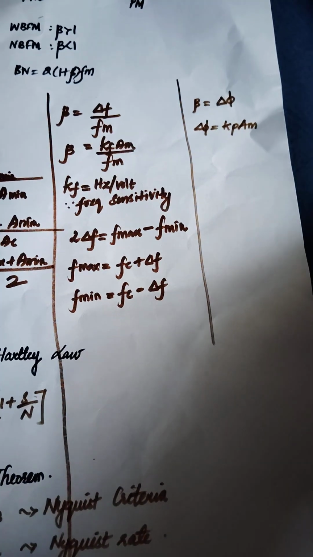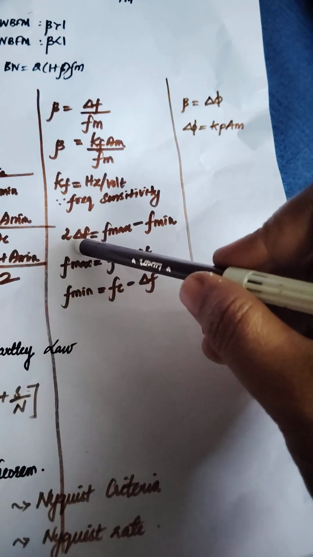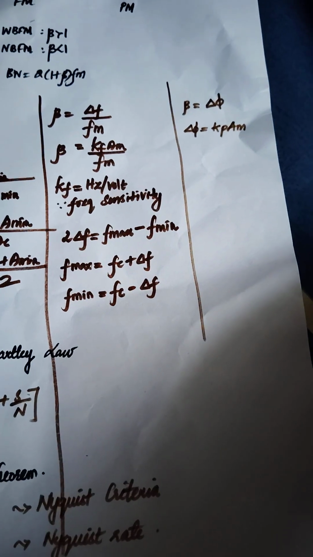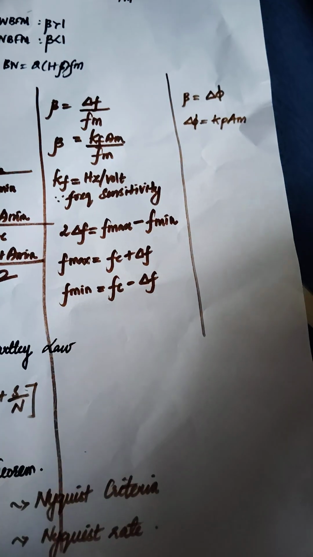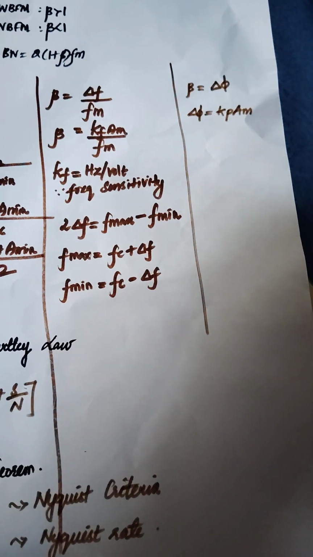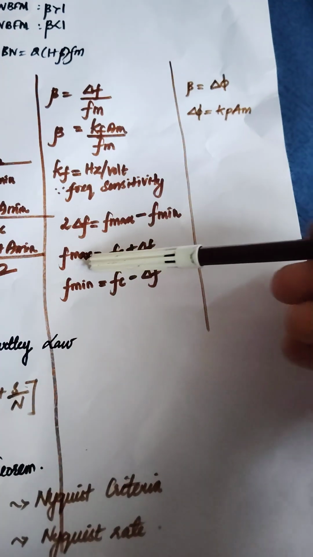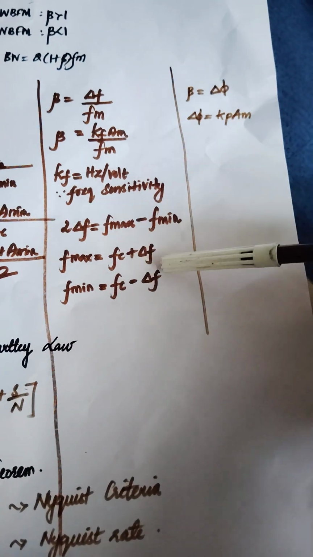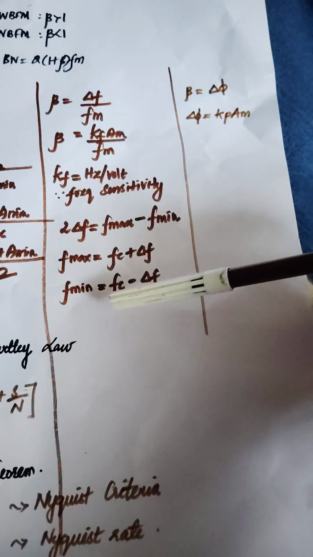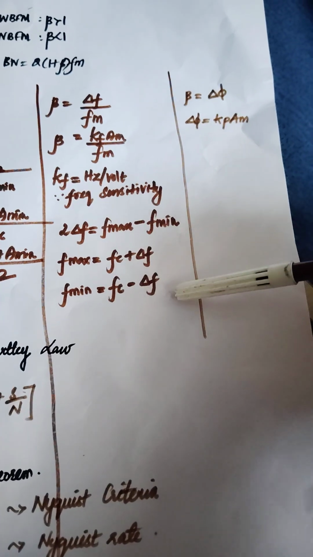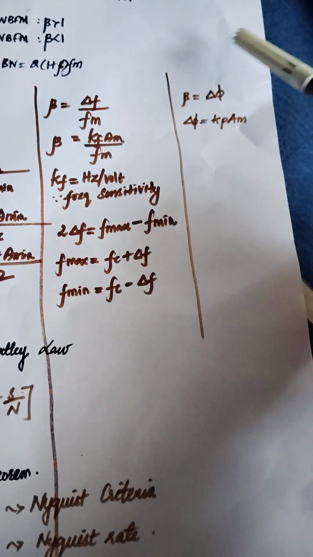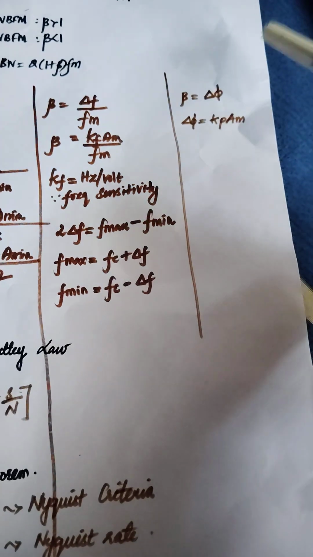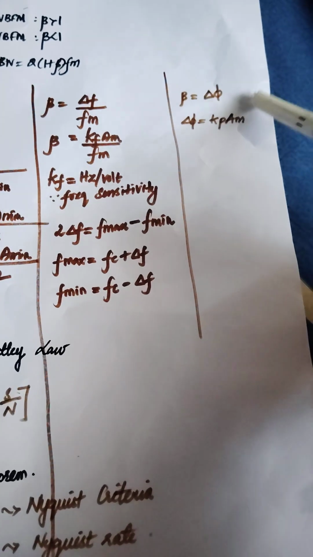And we have to find the formula for carrier swing. This 2 del F is called the carrier swing, which is equal to F max minus F min. If we want to find the maximum frequency, it is Fc plus del F. F minimum is equal to Fc minus del F. Whereas in phase modulation, beta is equal to del phi.